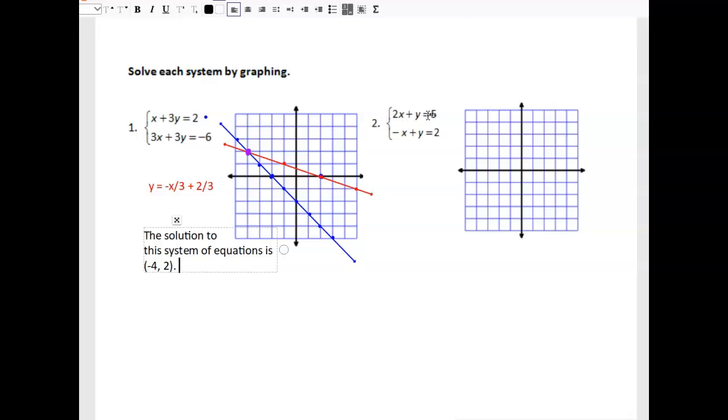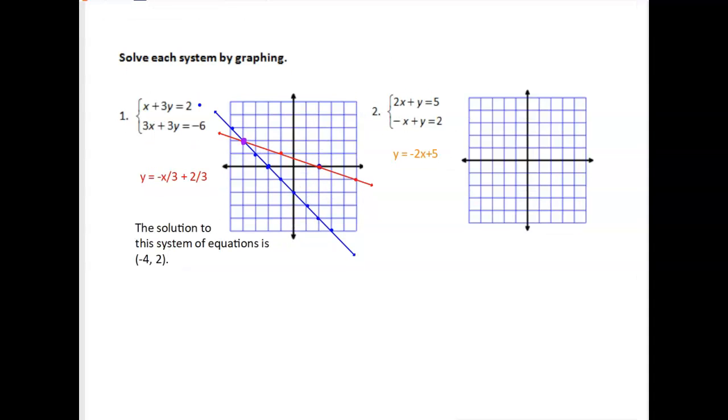Okay, number 2. Once again, we're going to solve for y. So over here, we get y equals negative 2x plus 5. So we'll graph our y-intercept and apply our slopes.